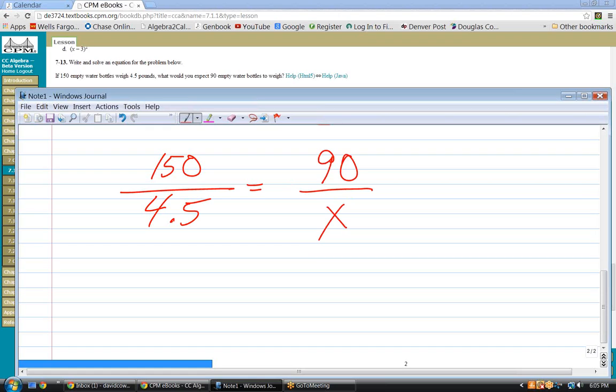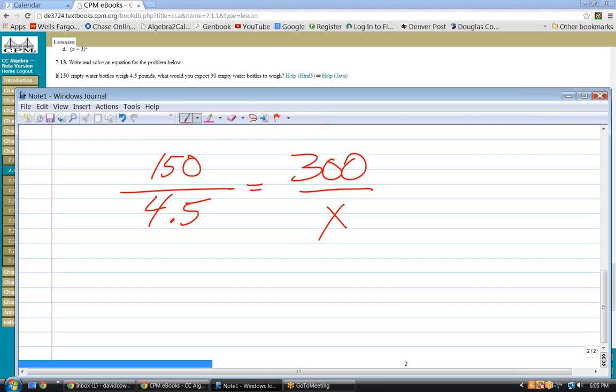If I said to you, how much would 300 empty water bottles weigh, what would the answer be? 300 over 9? Yeah. In other words, twice as much, right?